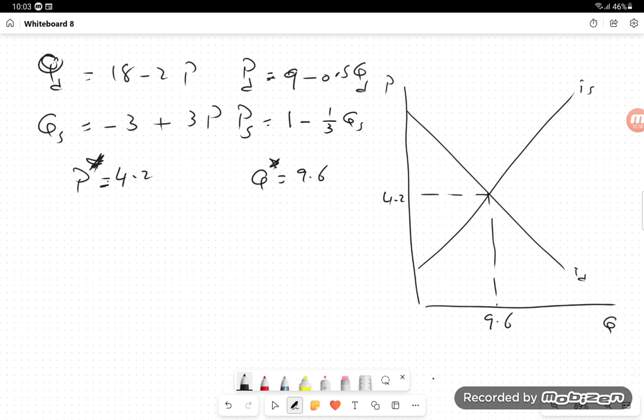Now suppose that the government is going to impose a unit tax of 3 on these products. So this tax will affect the supply side.